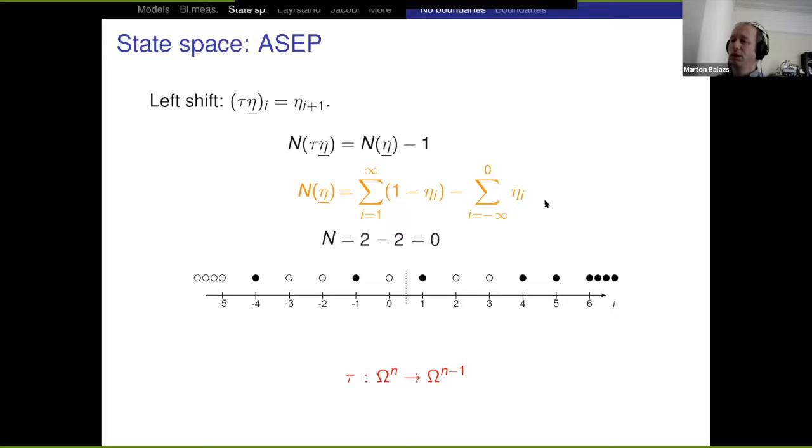Let's do one more shift. Now I have 2 holes on the right and 3 particles on the left. So my conserved quantity is now -1. And again, you can easily convince yourself that this will always decrease the conserved quantity by 1. So this shift operation will take me from the subspace where the conserved quantity equals n, into the one with n-1.